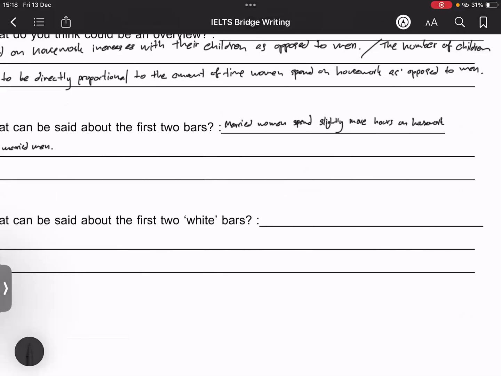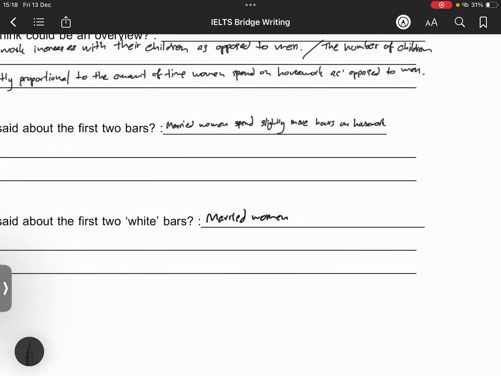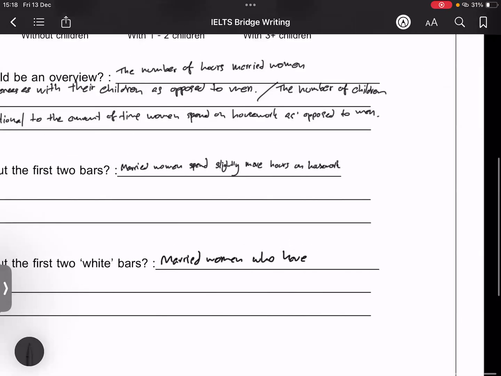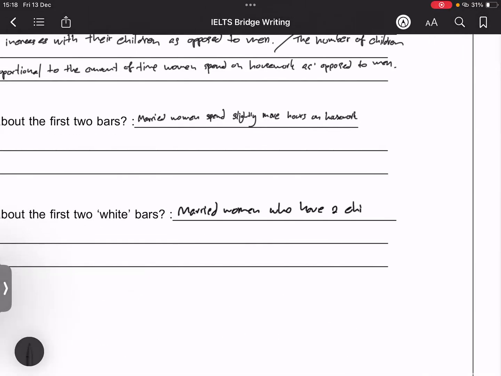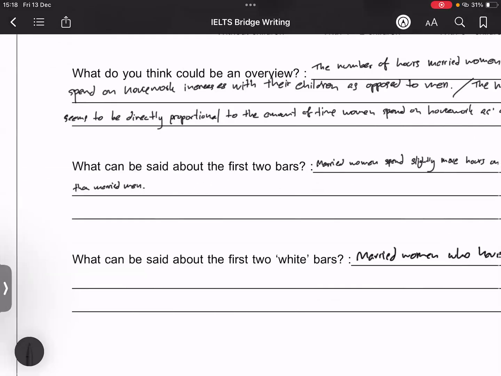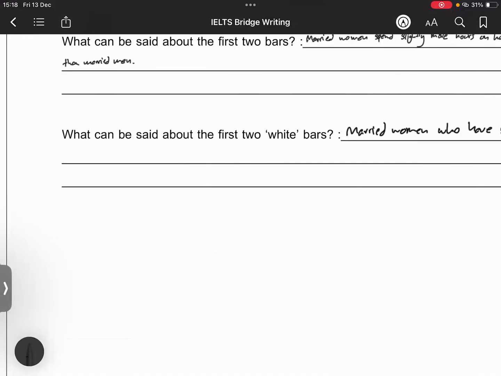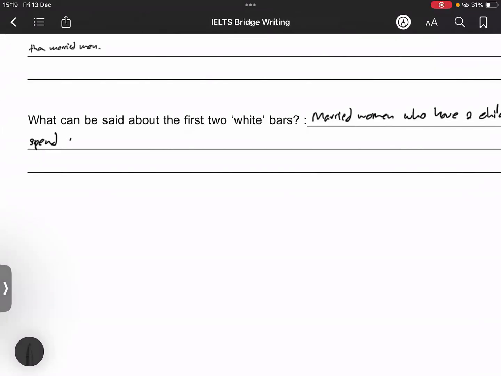That means women, or married women who have two children, married women who have two children, spend significantly more hours on housework than married men.